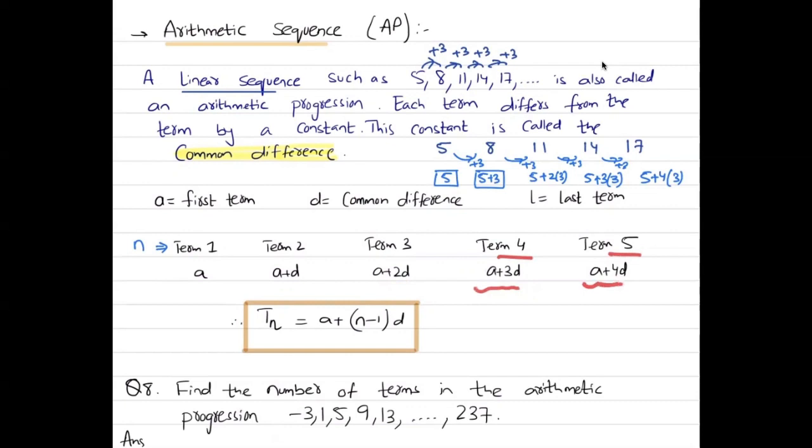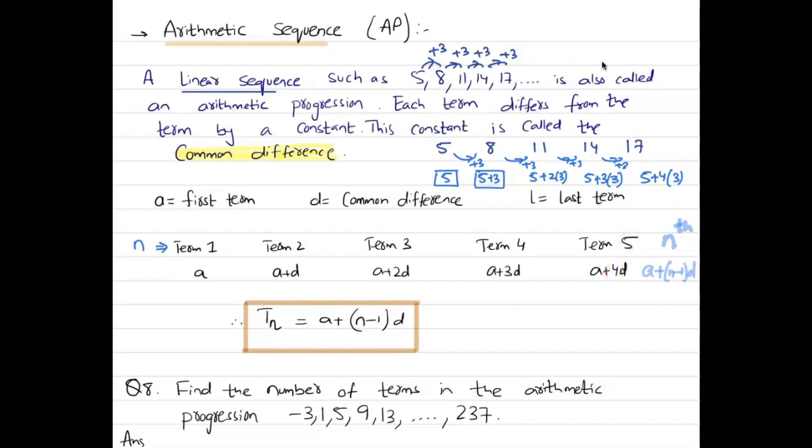So would you agree that any general term, any nth term of this sequence, is simply going to be a plus 1 less than the nth term, so (n minus 1) times d. When the n value was 5, you were adding a plus 4d. So this value is 1 less than the term.